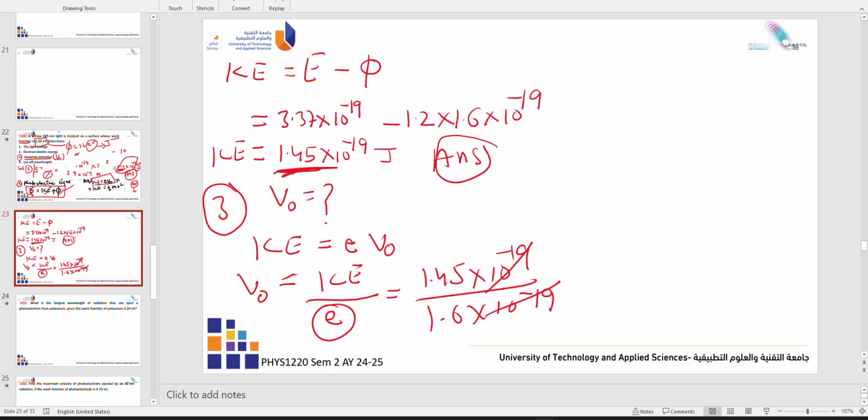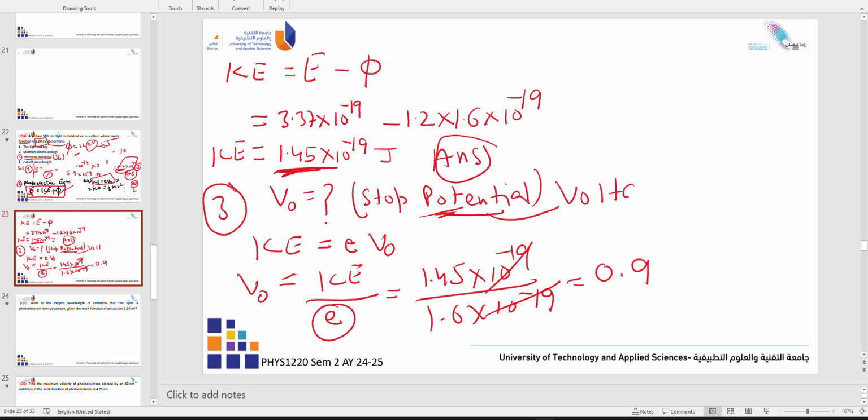This will give me the value 0.9. As I told you, the name of this is the stopping potential, and the unit of a potential is voltage, and the unit of voltage is always volt.